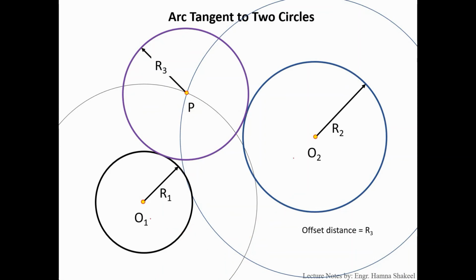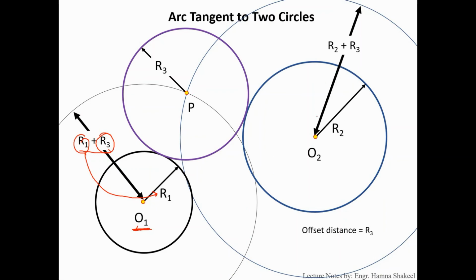So to summarize, at center point O1, you have to open a compass equal to R1 plus R3, where R1 is the radius of circle 1 and R3 is the offset distance, and you have to draw an offset circle. For circle number 2, you have to open your compass equal to R2 plus R3, where R2 is the actual radius of this circle 2 and R3 is the offset distance.